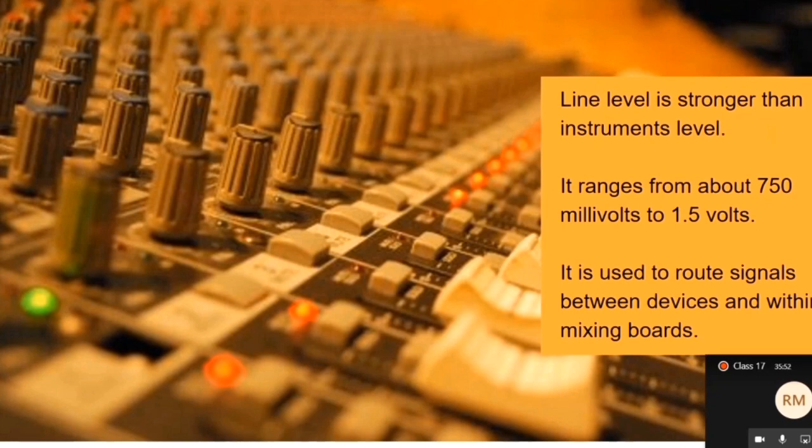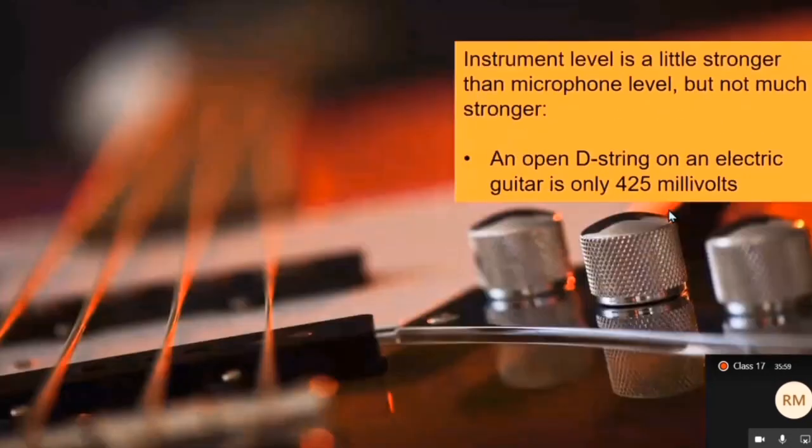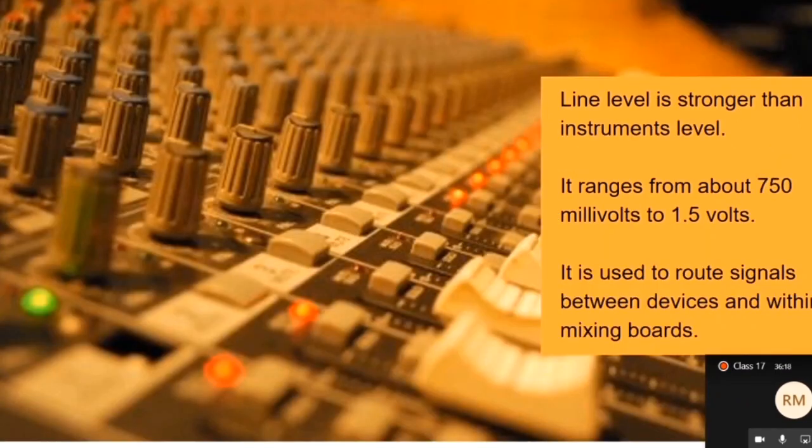The problem with these little baby signals, microphone signal, 1.5 millivolts, and the slightly stronger instrument level, 425 millivolts, is that they're on par with some of the electromagnetic interference that you can encounter from radio signals, cell phone signals, television signals, which can interfere and corrupt those little baby signals. Your cables are essentially antennas in a different guise.